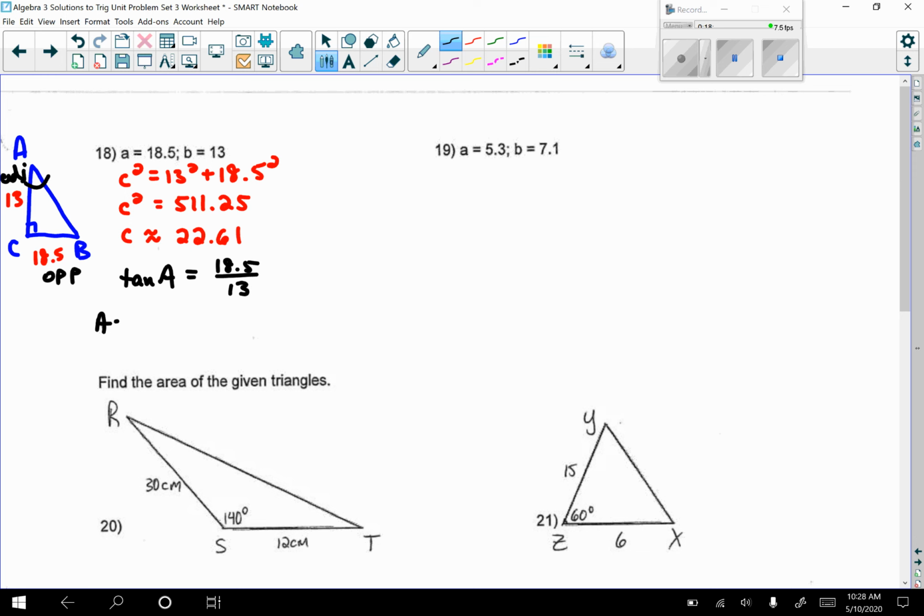So A is going to equal the inverse tangent of 18.5 over 13, which is approximately 54.90 degrees. Leaving us for angle B, 90 minus 54.9 is giving us 35.1.